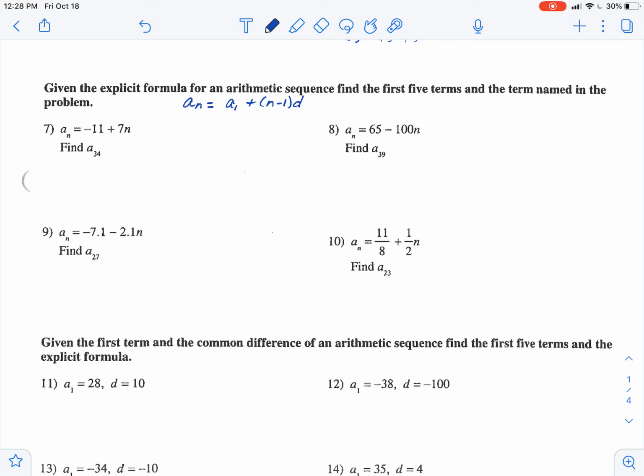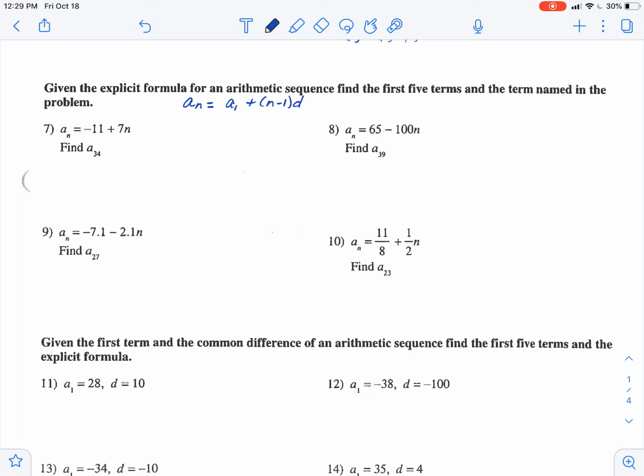I personally don't like the recursive because it doesn't let you predict things in the future, well, it does, but you always have to have the previous term. Basically you would have to find every term in the sequence to get, let's say, the 20th: you would have to find the 19th, 18th, 17th and so forth. With this one, I can do anything in the future and I don't have to find those in between.